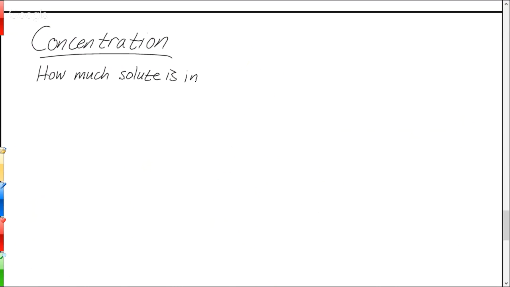So concentration tells us how much solute is in a given amount of solvent or solution. If we want to do that in a math way, that looks like this.